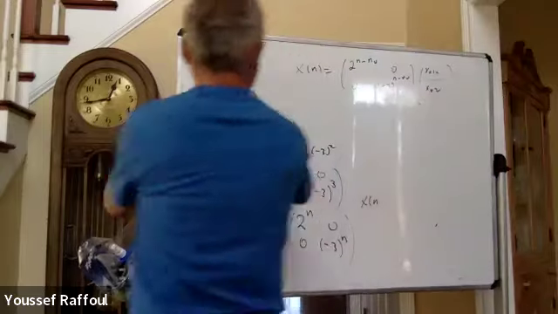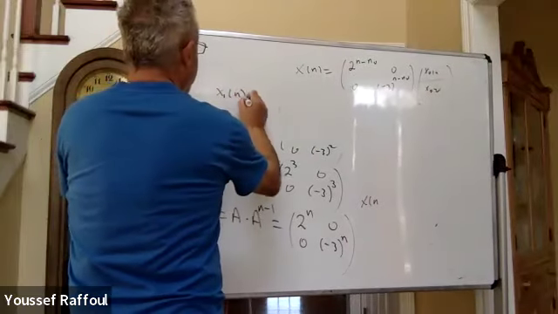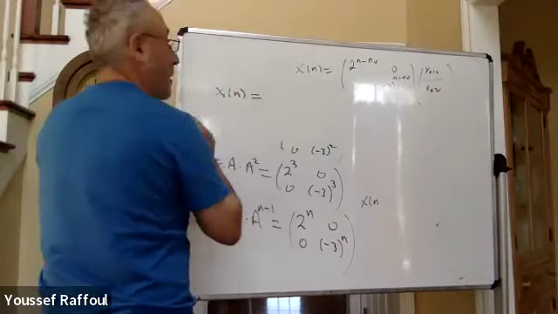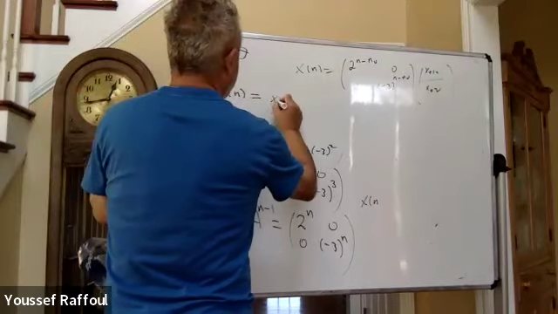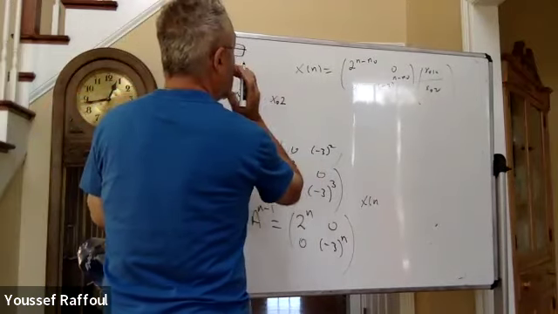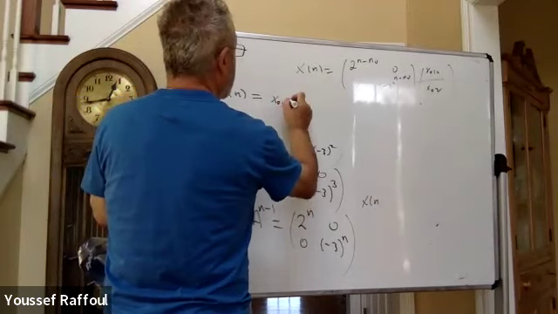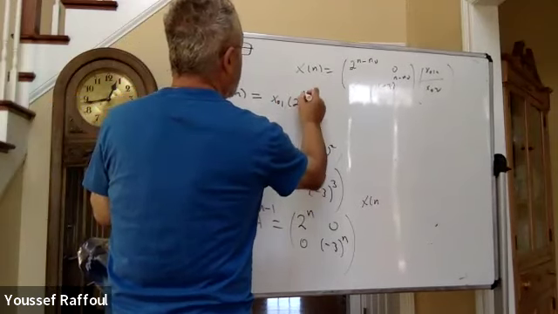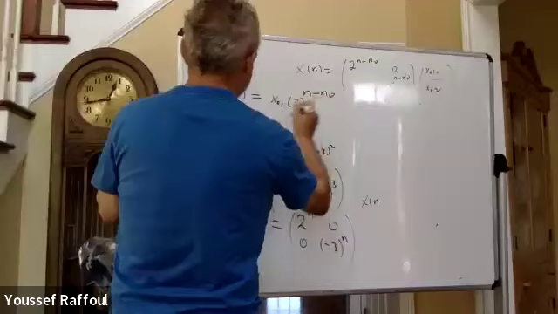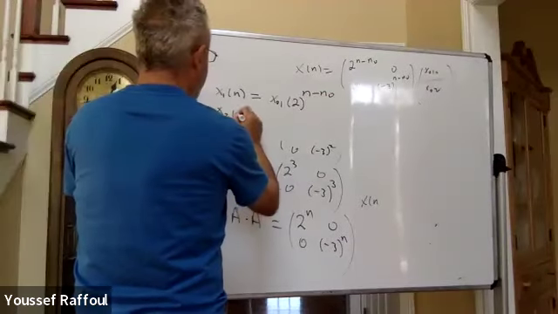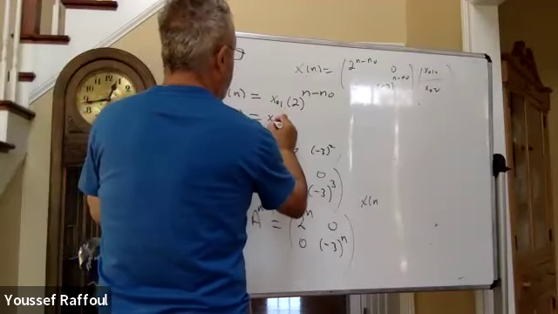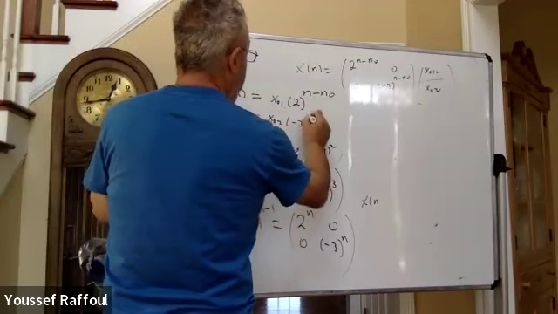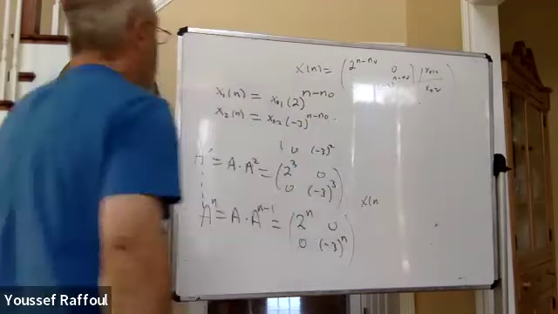So that means x1 of n is x01 times 2 to power n minus n naught, and x2 of n equal to x02 times (minus 3)^(n minus n naught).